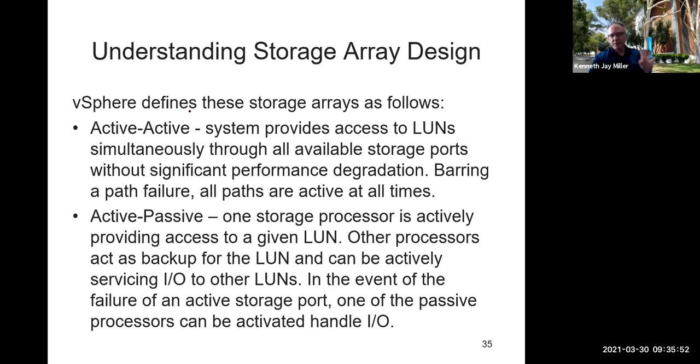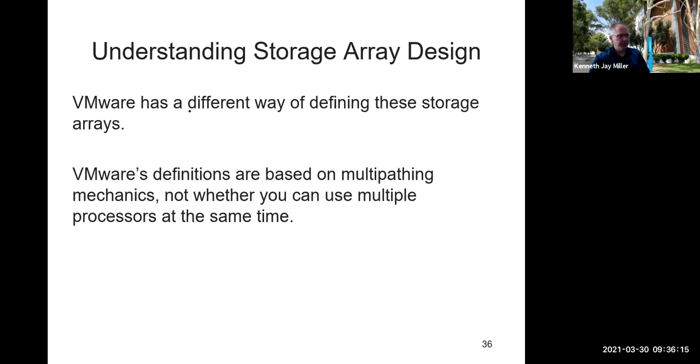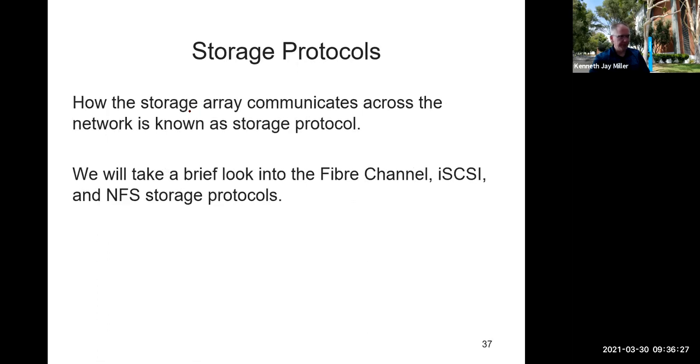So unlike our traditional active-passive, where one is literally in standby mode, in vSphere's active-passive, they're in standby for the original active, but they're also processing their own storage input output. Okay, so it's a little bit different with vSphere. Now, VMware's definitions are based on multi-pathing mechanics, not whether you can use multiple processors at the same time. So that's the definition there.